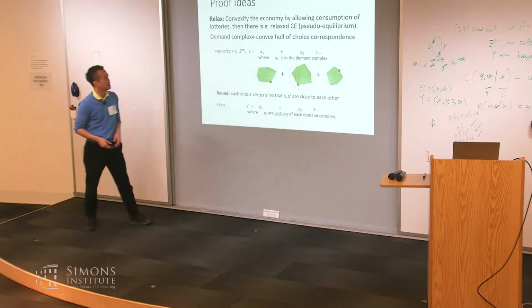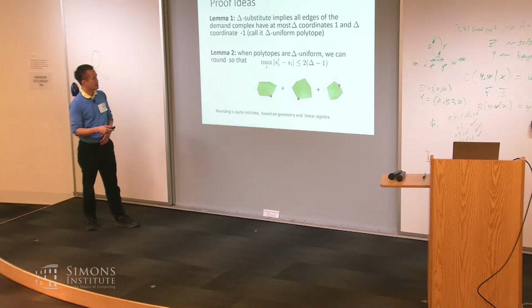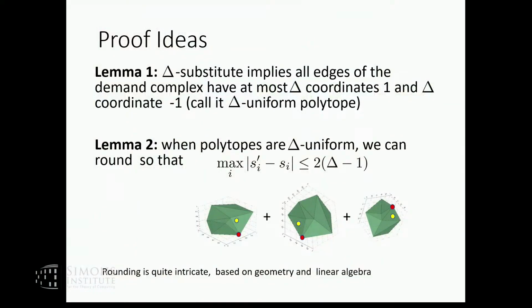So here are two ideas. If my utility is delta substitute, then this convex hull of the choice correspondence has a very nice property. In particular, if I look at the edges of this polytope, they are quite short. They contain at most delta plus ones and at most delta minus ones. This really corresponds to the way I define delta substitute: I can exchange one bundle for another by swapping at most delta goods.